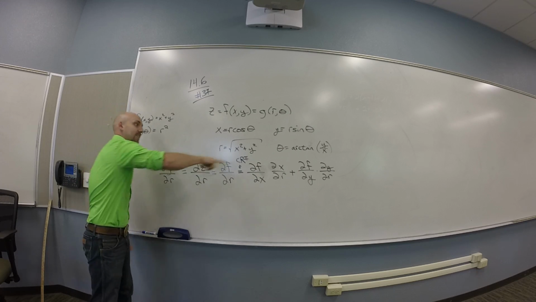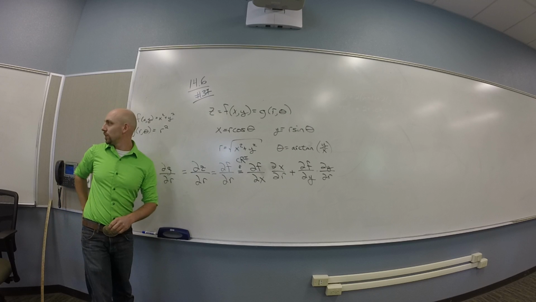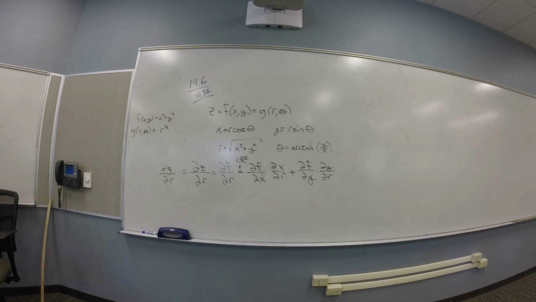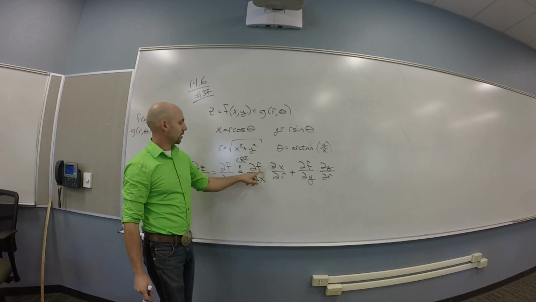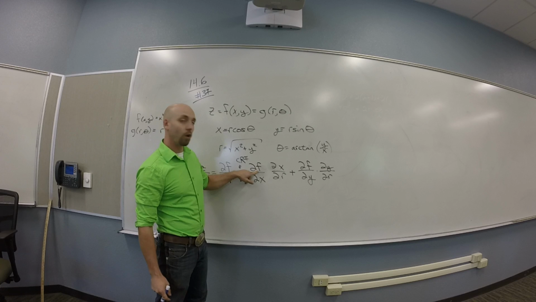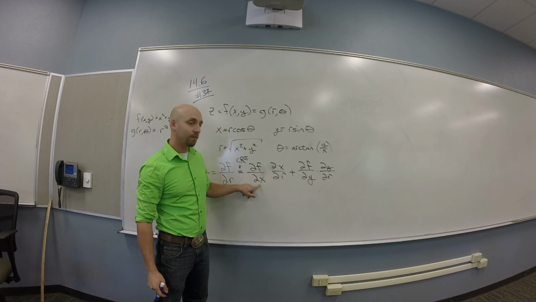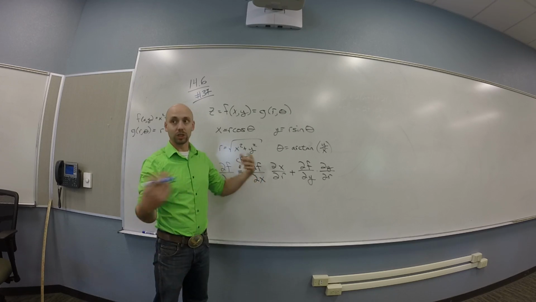Some of these things I can execute right now. Which things do I have formulas for that I can hammer on right now? X and Y. If I had a formula for f, I could do the partial of f with respect to x. But I don't have a formula for f. F is just some function.